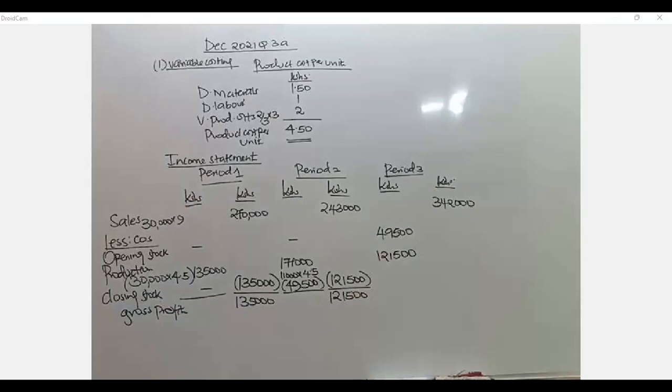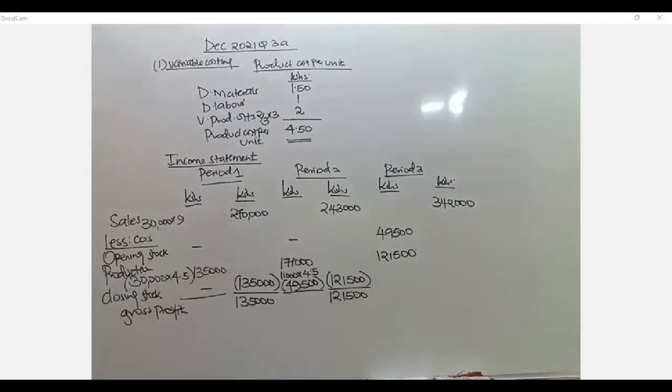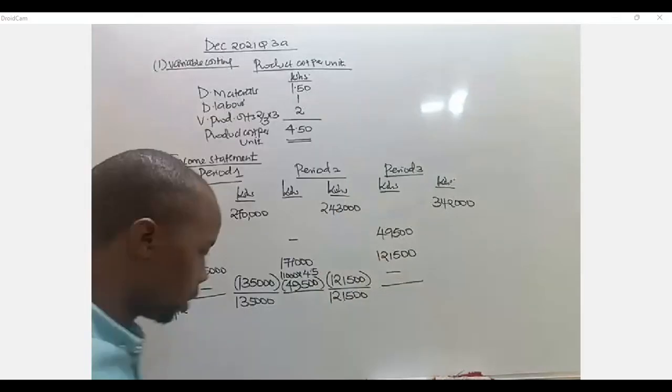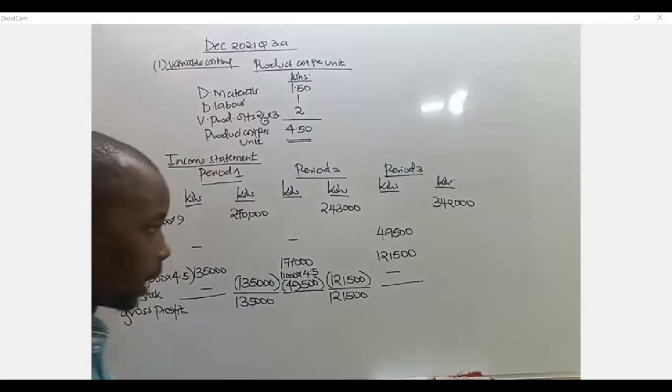Why? Remember the units that we were able to open with here is 11,000. You produce 27,000, and when you look at the third period, you are able to sell 38,000. So it means you don't have the closing stock. So it will be 121,500 plus 49,500, getting 171,000.